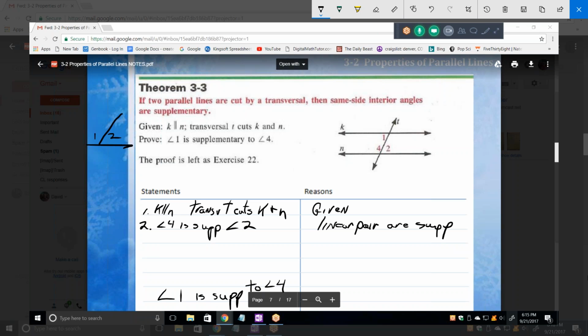And one of the basic postulates is that linear pairs are supplementary. So I see that 4 and 2 are a linear pair, so I can say that 4 is supplementary to 2 based on whatever theorem says linear pairs are supplementary. Now, what do you suppose the next line needs to be? What's the next statement need to be?